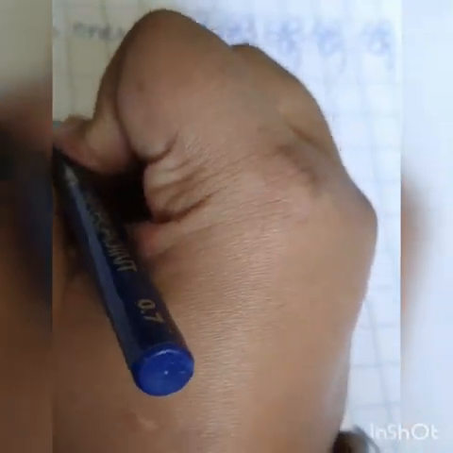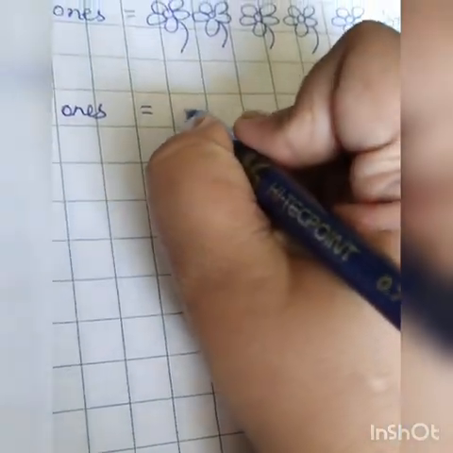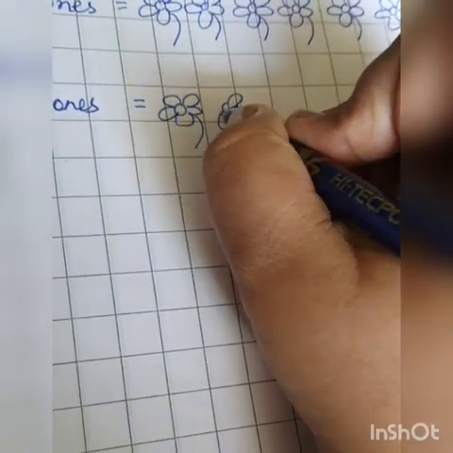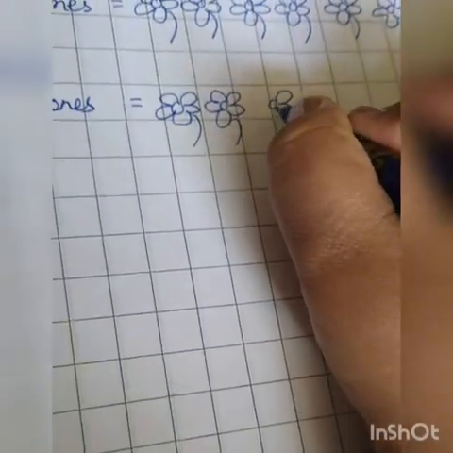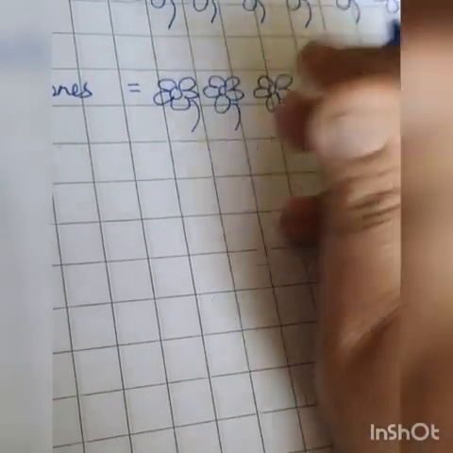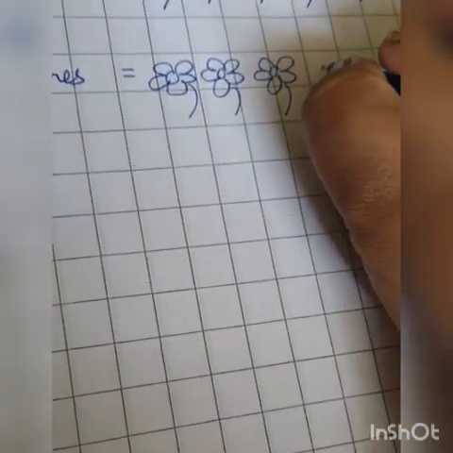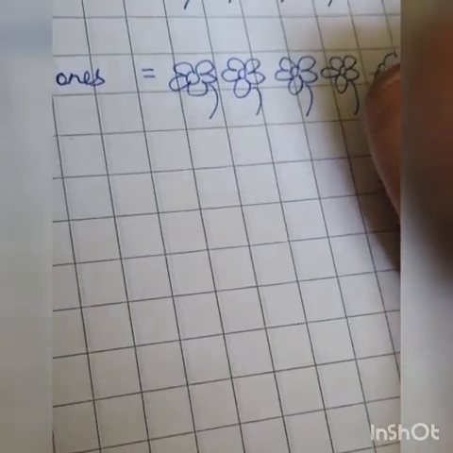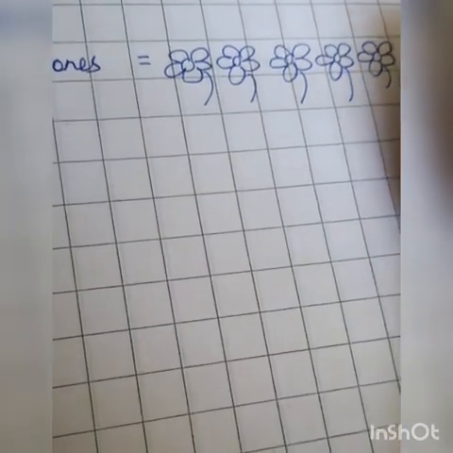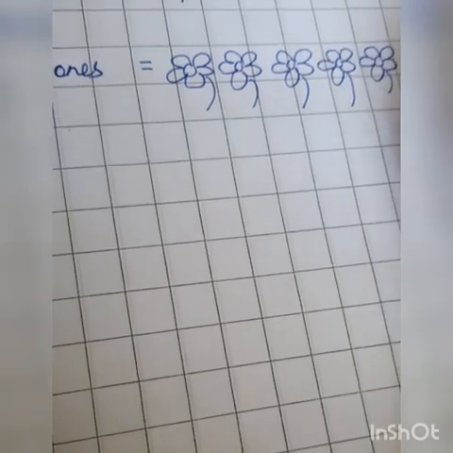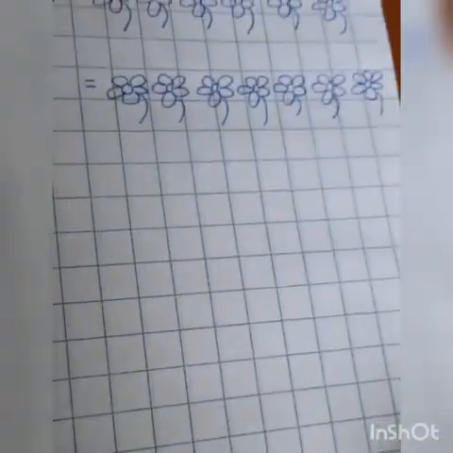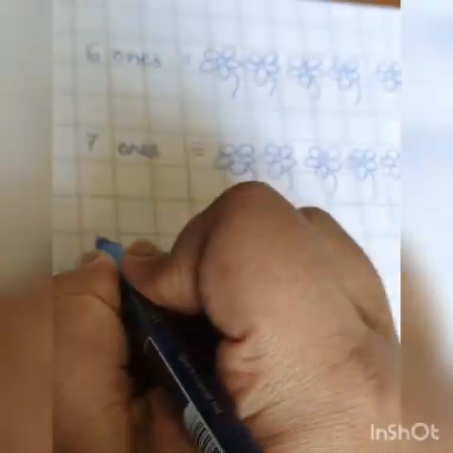Now 7 ones. Again we have to draw 7 flowers here. 1 flower, 2 flower, 3 flower, 4 flower, 5 flower, 6 flower, and 7 flower.